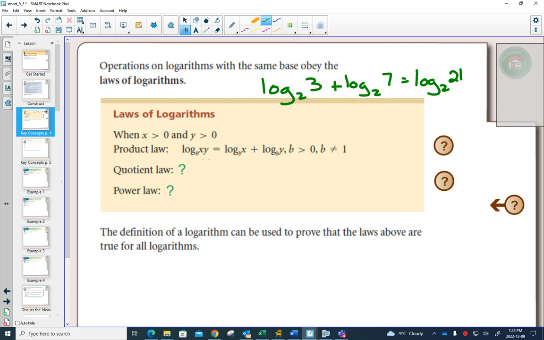So you can switch them back and forth. If you had log base 2 of 21, you could say, oh, 21 is 3 times 7, and you could break it up to add. And we're going to find out, sometimes it's going to be nice to combine them together, and sometimes it's going to be nice to break them up.